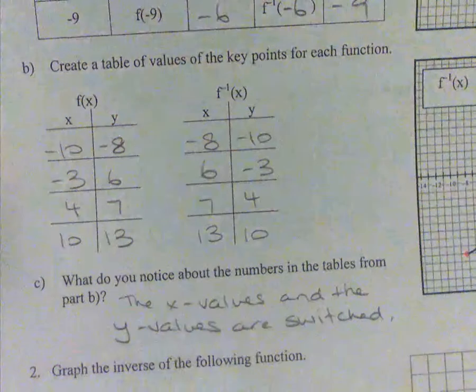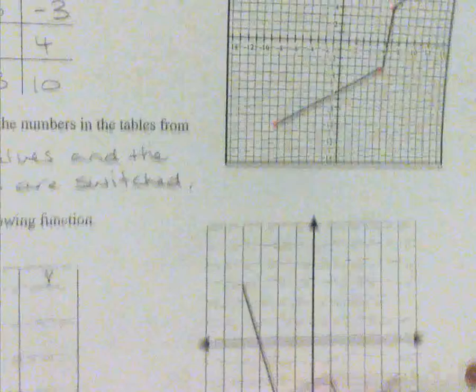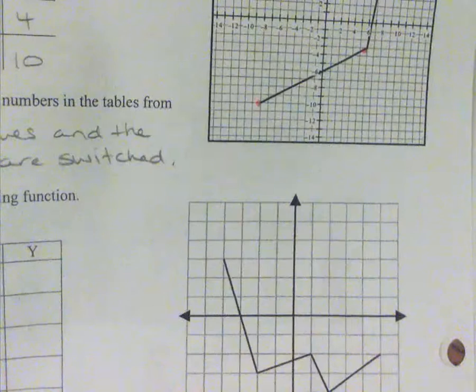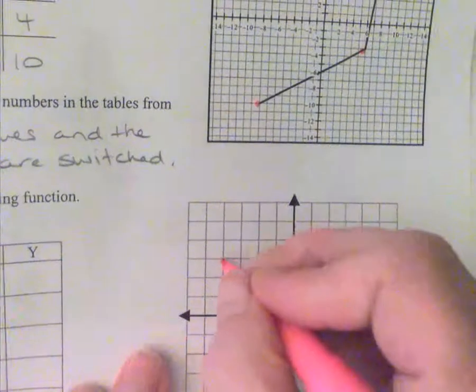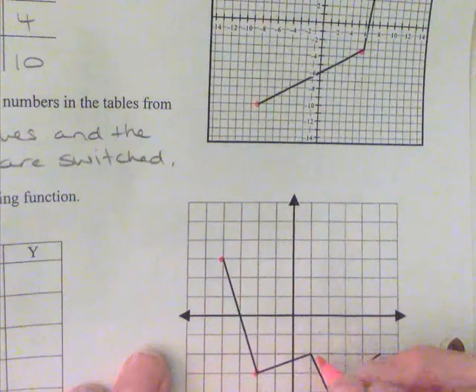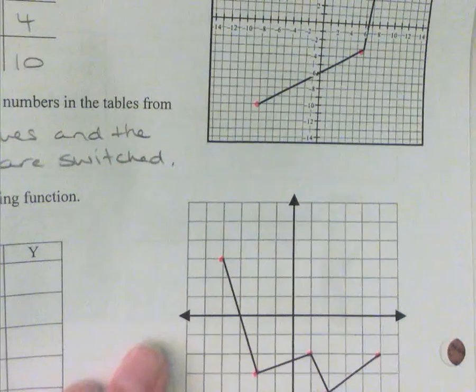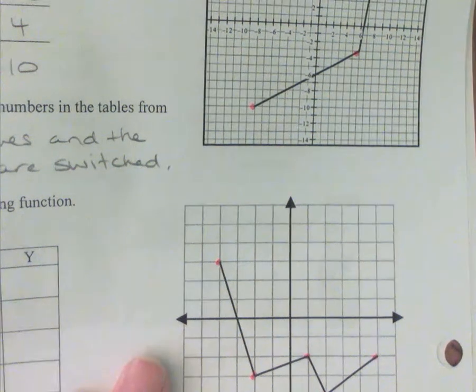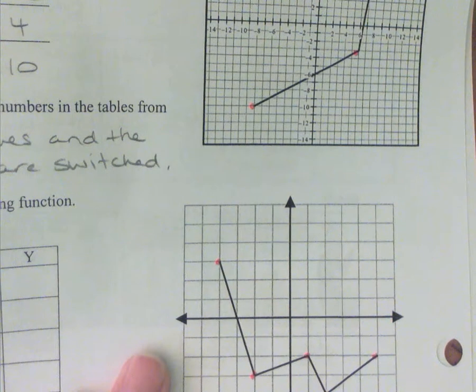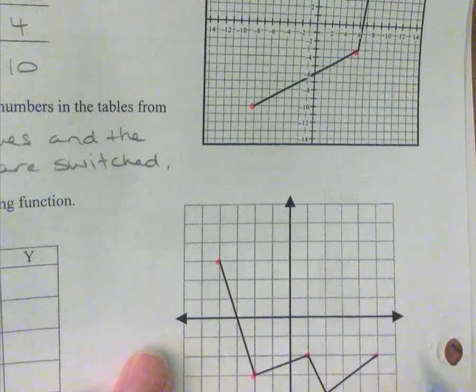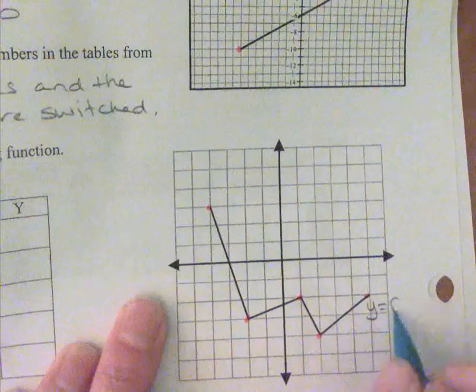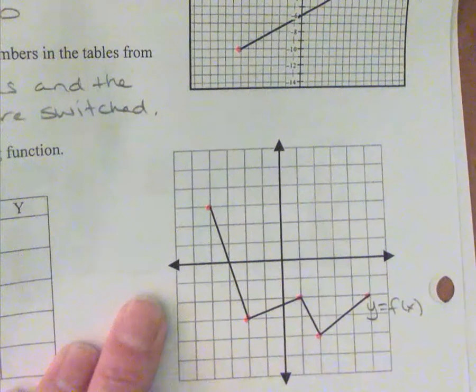So let's look at this one. So I have this graph. I have a point here, here, here, here, and here. So that is my f of x. So this is y is equal to f of x. And I'm going to record those points in my table of values.